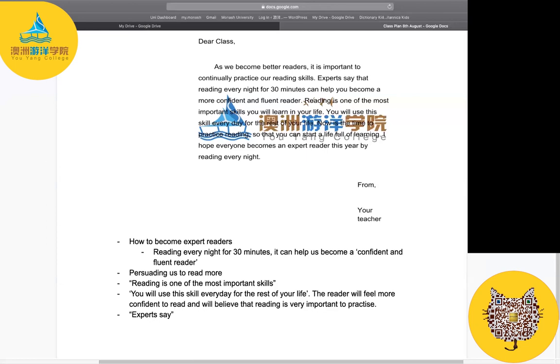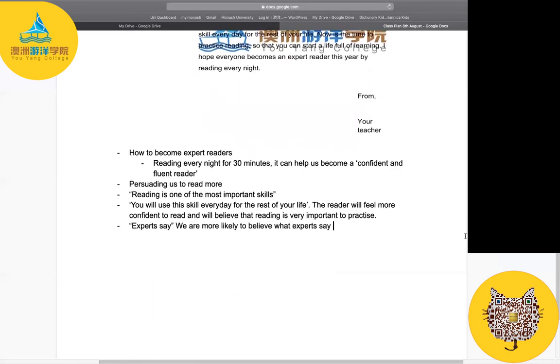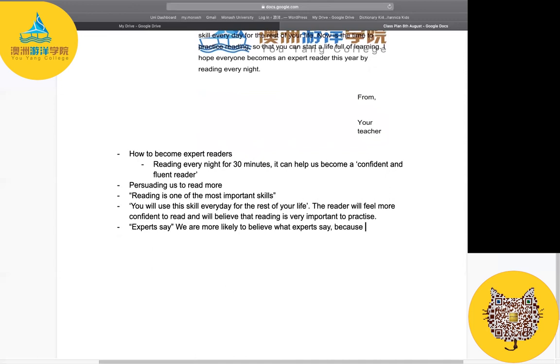Are you more likely to believe the expert or the 10-year-old person? A 10-year-old person doesn't really know anything yet because they only know half things. But an expert knows everything in the book. So do we agree that we are more likely to believe experts because they have more knowledge?